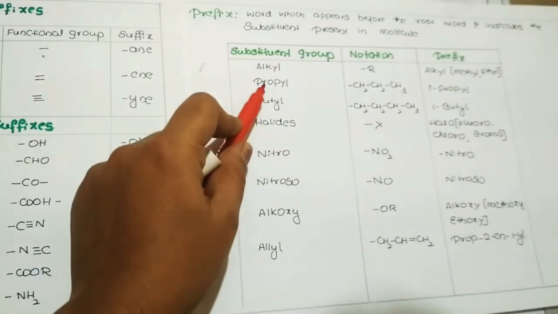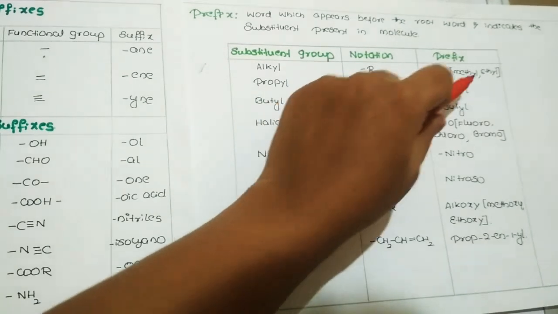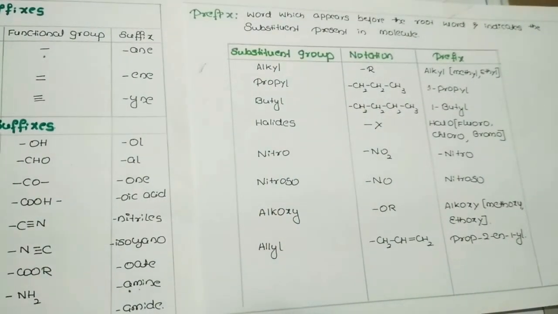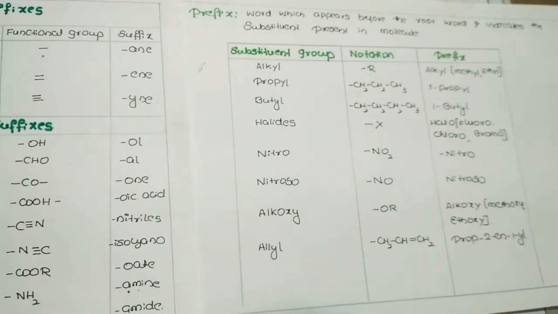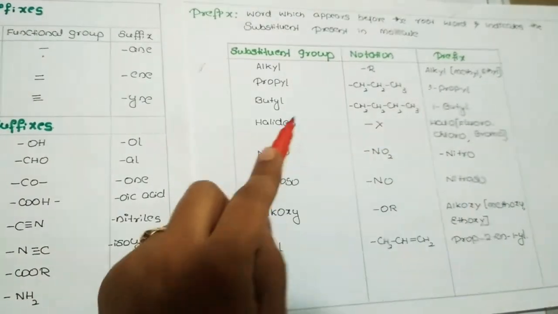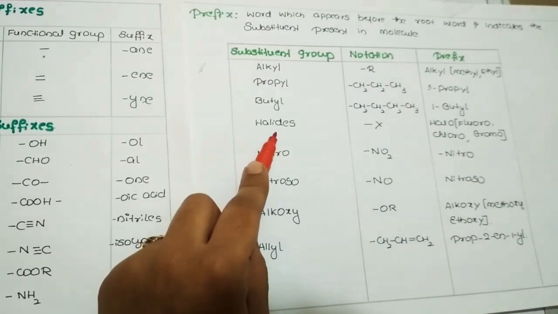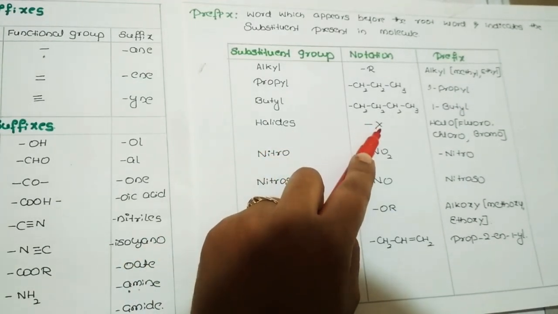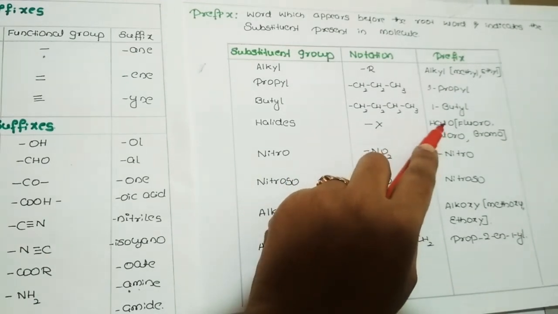Similarly, propyl, this is the formula, and the prefix should be 1-propyl. Then butyl, CH2CH, but means 4 carbon, that we already learnt in the root word, so it's 1-butyl. If halides are present, that is, halogens, X will be the representation for the halogen, and the prefix will be halo.